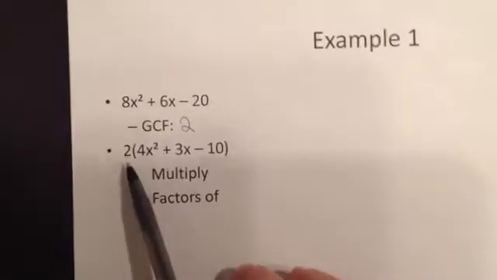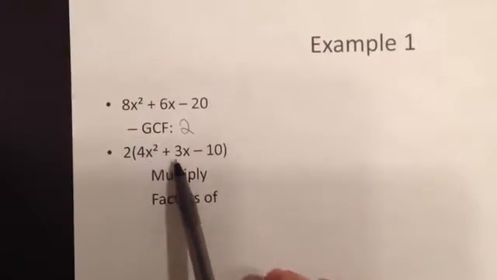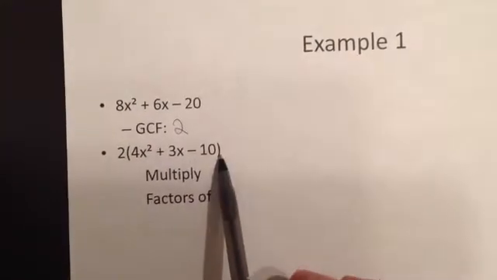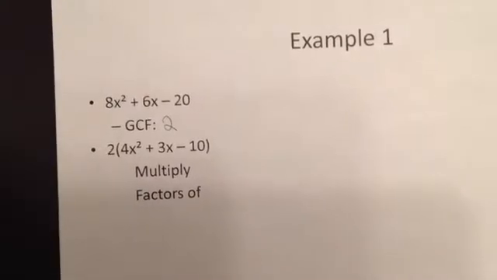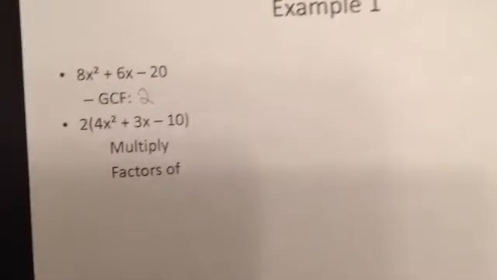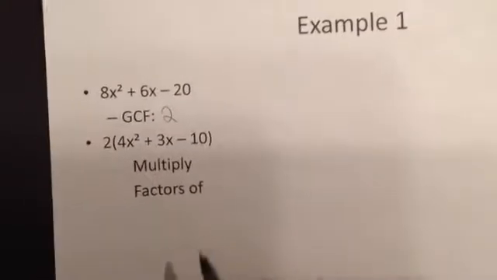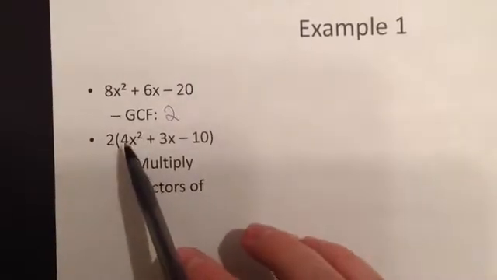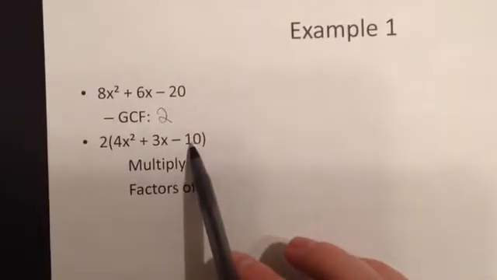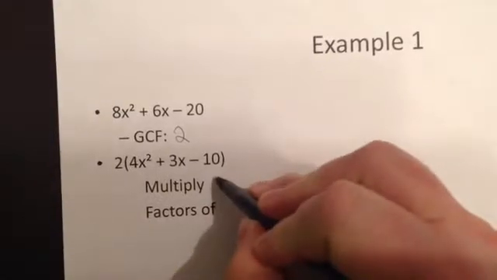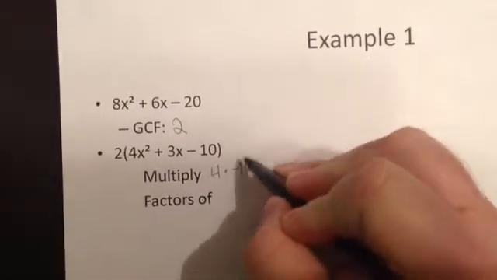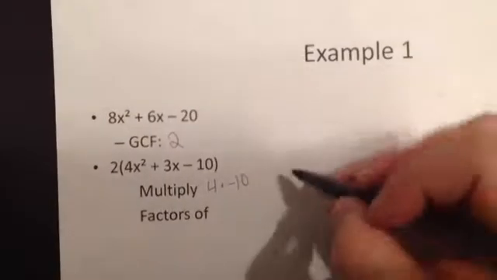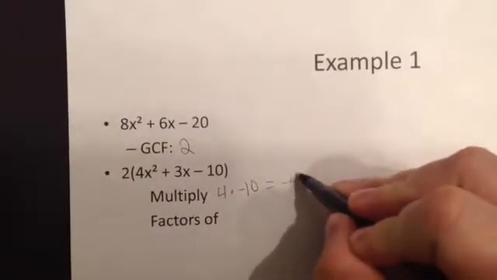And we factor them out, we would have 4x squared plus 3x minus 10, and we would put the 2 in front. The next thing we need to do is to multiply the first term and the third term. That would be 4 times a negative 10, and that would give us a negative 40.